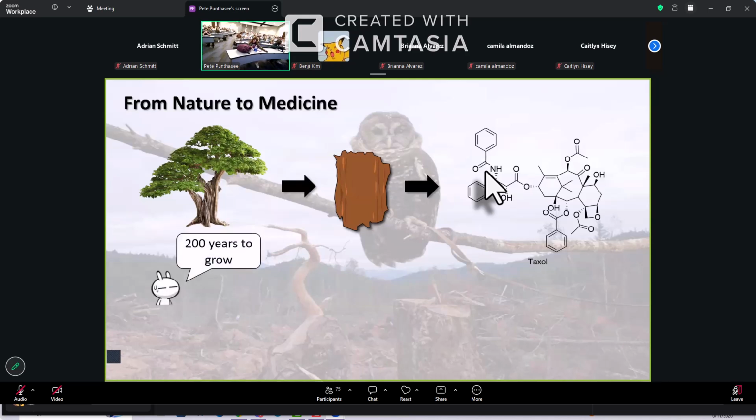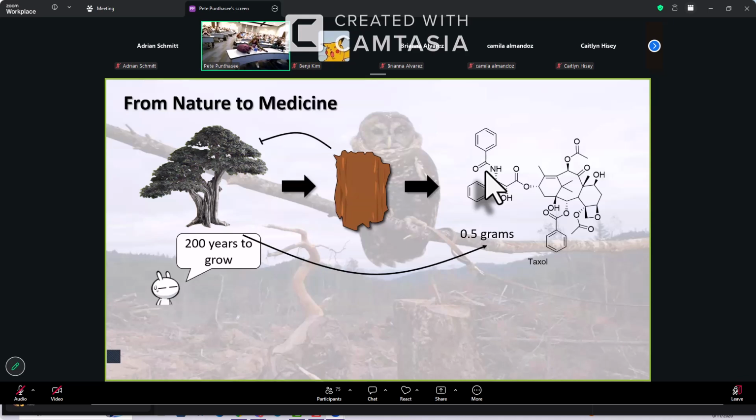The tree dies, right? And how long does it take to grow again? Oh my God. The full one that starts producing Taxol is about 200 years. Can we wait for 200 years? Oh no. And you take the bark out of the tree, the tree dies, and even the full-grown tree gives you only 0.5 gram. How much is 0.5 gram?